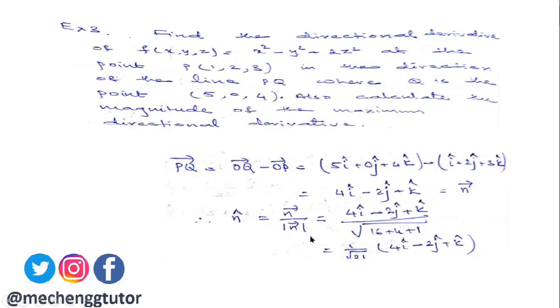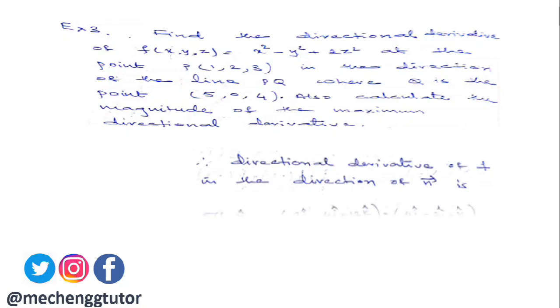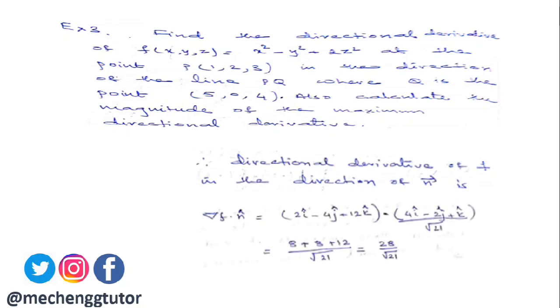n cap is equal to n bar upon magnitude of n bar, that's equal to (4i − 2j + k) upon the square root of 16 + 4 + 1. Thus n cap is 1 upon root 21 into bracket (4i − 2j + k). Therefore, the directional derivative of f in the direction of n bar is del f dot n cap.